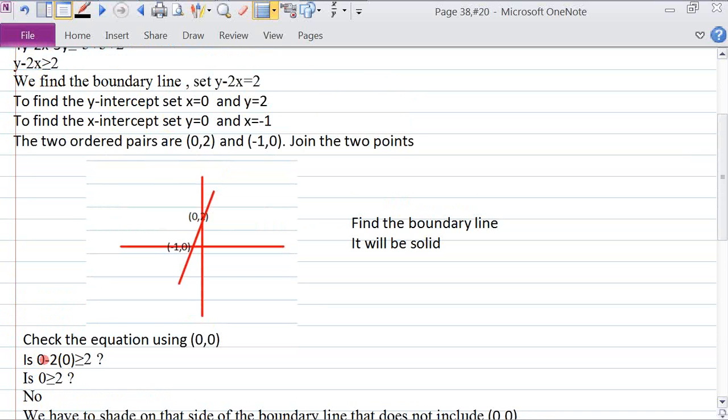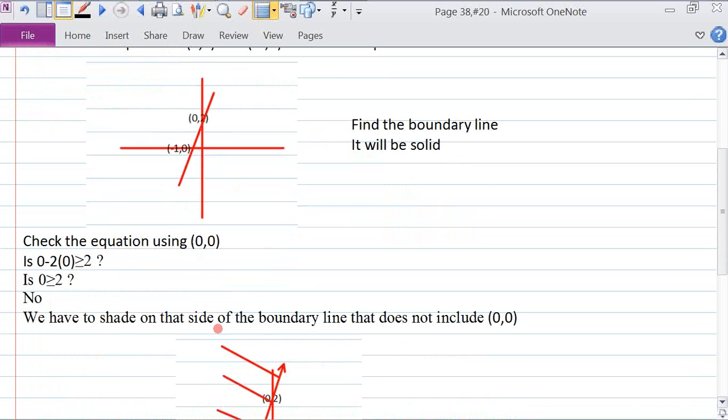And is 0 minus 2 times 0 greater than or equal to 2? Is 0 greater than or equal to 2, because everything on the left becomes 0? Is 0 greater than or equal to 2? No, 0 is less than 2. So we have to shade on that side of the line that doesn't include the 0, 0.